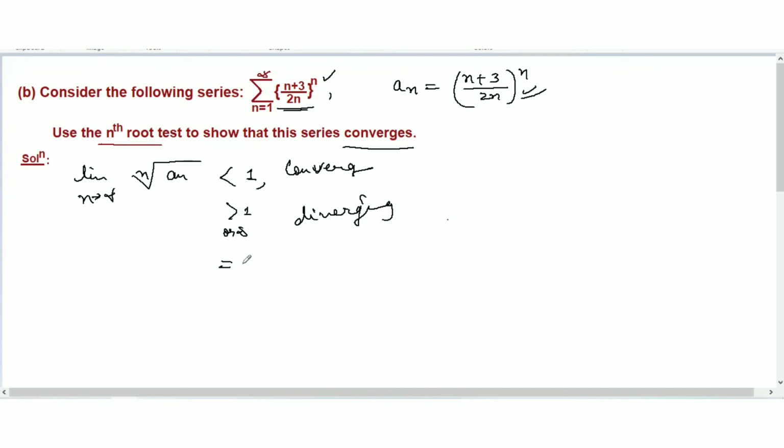And if we get equal to 1, we can say that it is inconclusive. So we can't say anything, either series is converging or diverging. We will have to apply some other test. So here you can write it down, inconclusive.